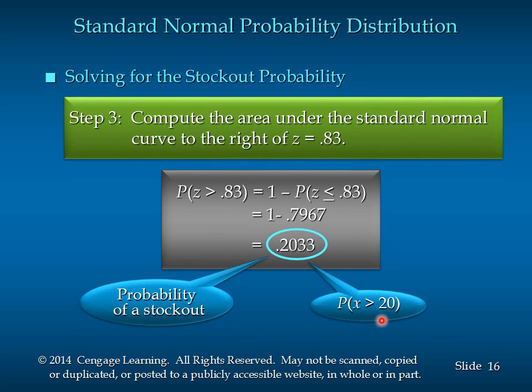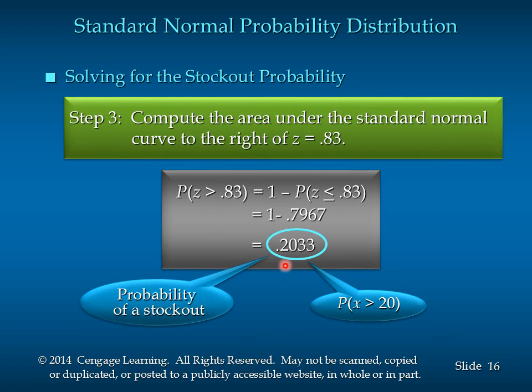Now, let's pull out of this a little bit. So what? Now that we have this probability of 20%, so what? What does that mean?